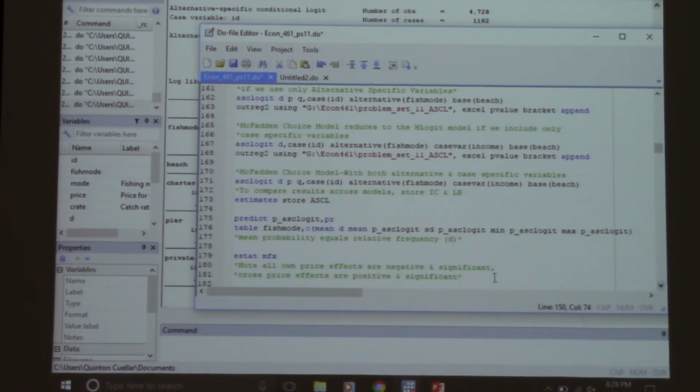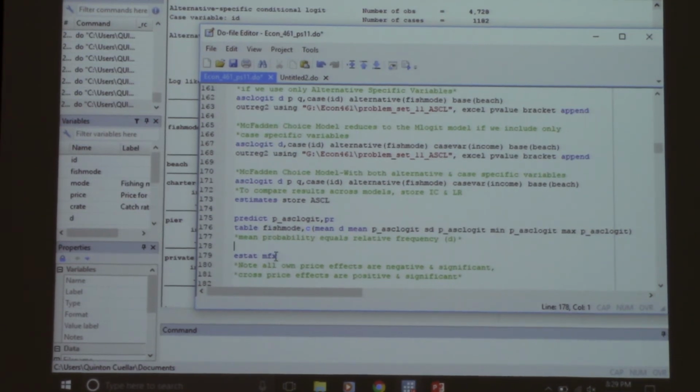What we can't do using our McFadden choice model, which is our alternative specific conditional logit, excuse me, is we can't use margins. What we can use is something that was before margins.